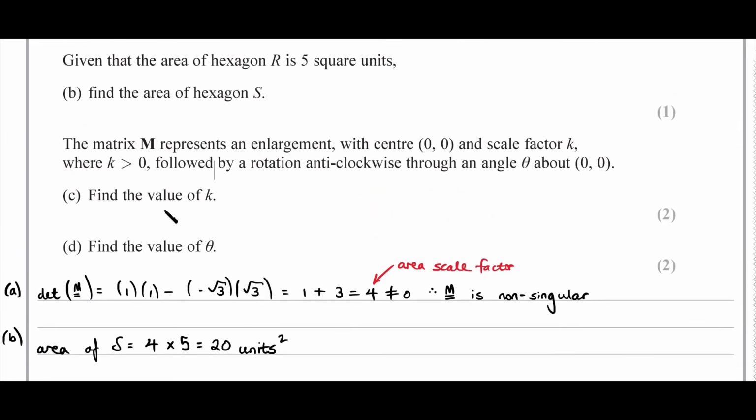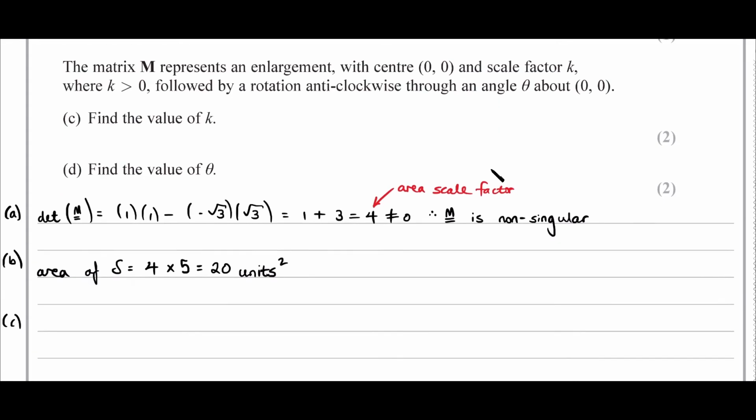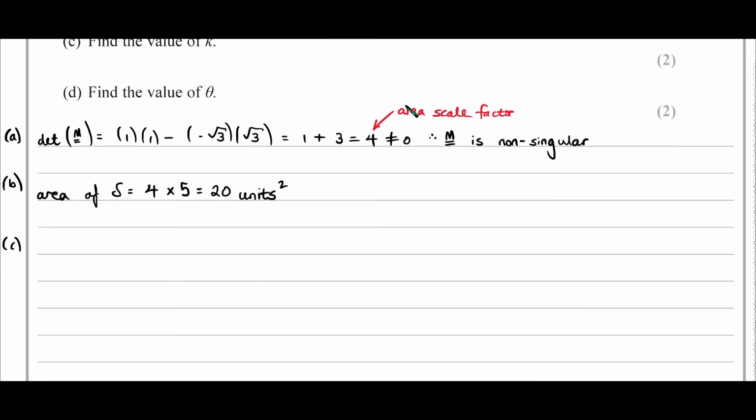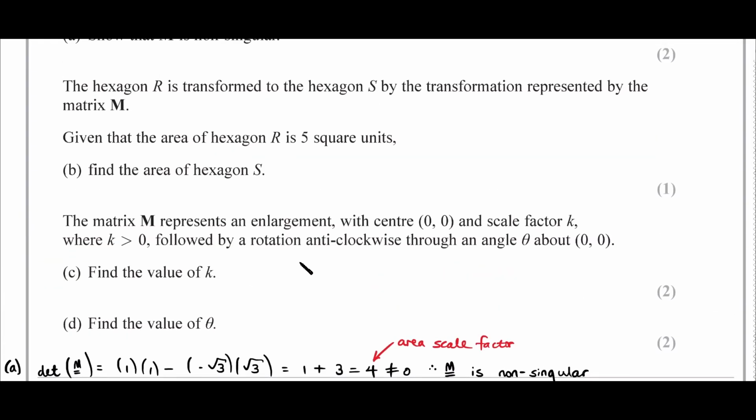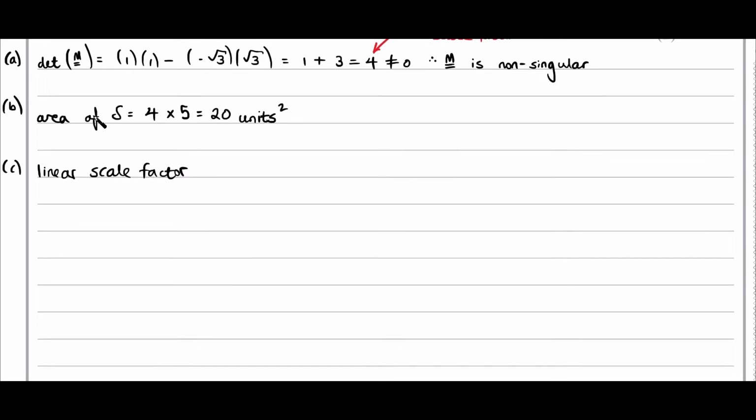Well, k over here is a scale factor, so therefore we have our area scale factor and therefore our linear scale factor. And the reason I say linear scale factor, if we go back to the question, we were told we have an enlargement, hence we have a linear scale factor. The linear scale factor k is equal to the square root of the determinant of M.